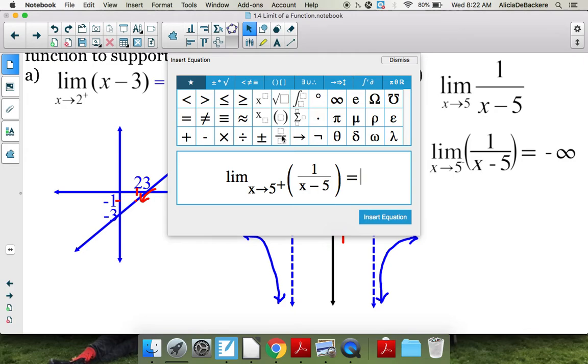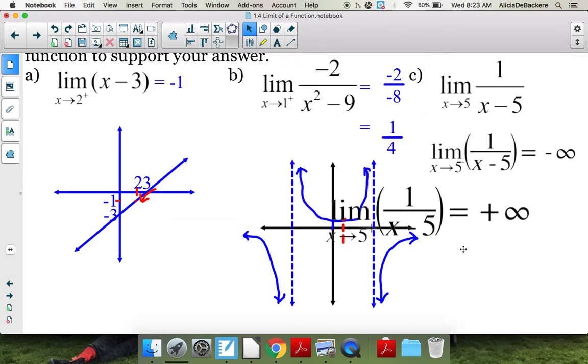So again, when I plug in the 5.001 and I subtract 5, that's going to give me positive 0.001. So I know that I've got 1 divided by a positive, so I know that overall my answer is a positive. And then I've got 1 divided by almost 0. So again, when I'm taking a number and I divide it by almost 0, I get infinity.